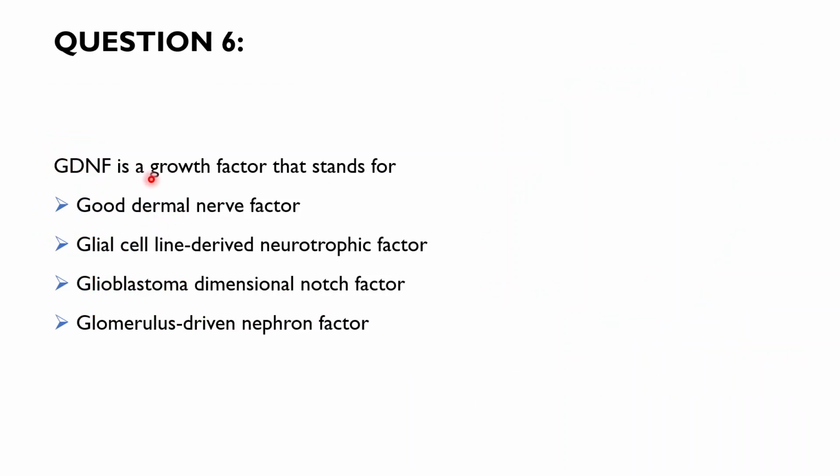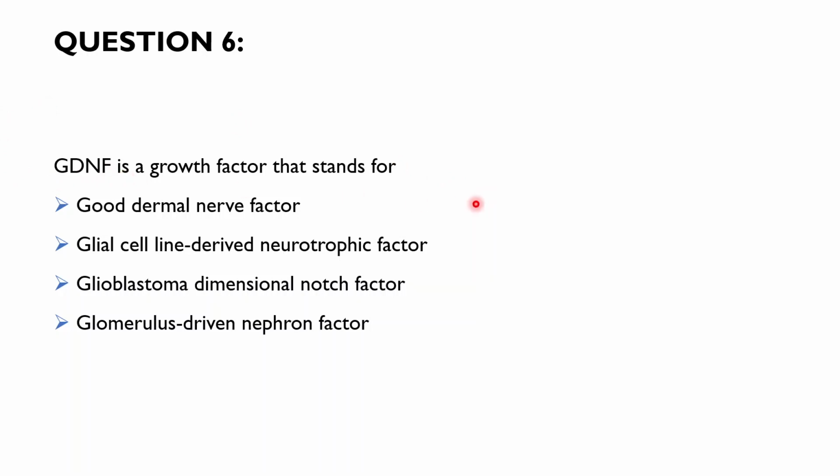GDNF is a growth factor that stands for good dermal nerve factor, glial cell line derived neurotrophic factor, glioblastoma dimensional notch factor, or glomerulus driven nephron factor. So you have four options here. It's a very simple plain question. You just need to tell what the full form for this GDNF is.